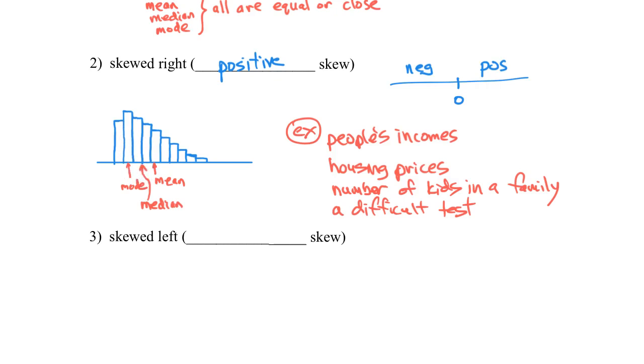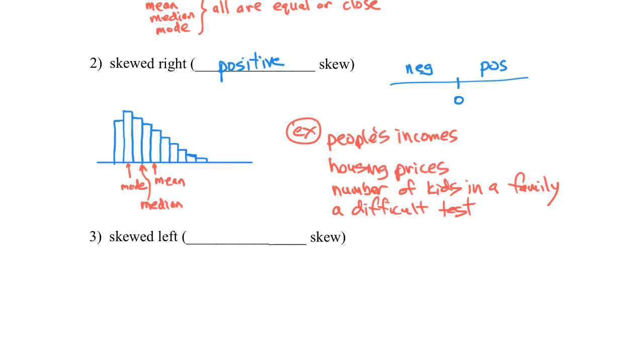Right? There's a whole bunch. Remember, typically this vertical axis will be quantity, or frequency. So the taller the bar, the more numbers there are there. So if this is a score of a test, there's very few of them way over here, like at 90, 95, 98, things like that. There's a whole bunch of them way down here. Maybe this is 30%, 40%. So that's just an example of skewed right, and we can see that the mean will be pulled to the right.